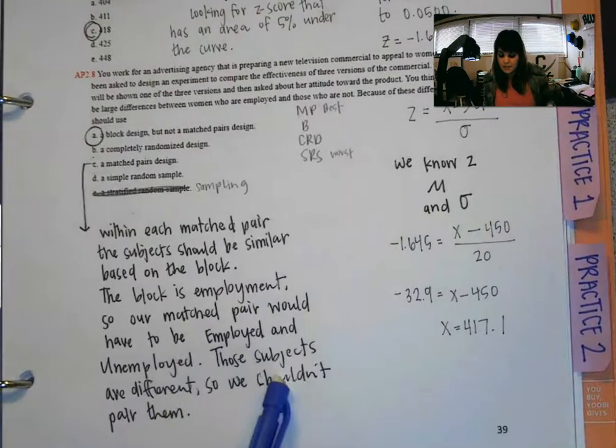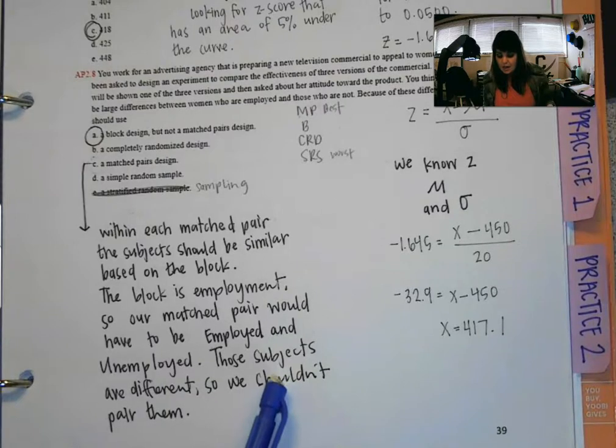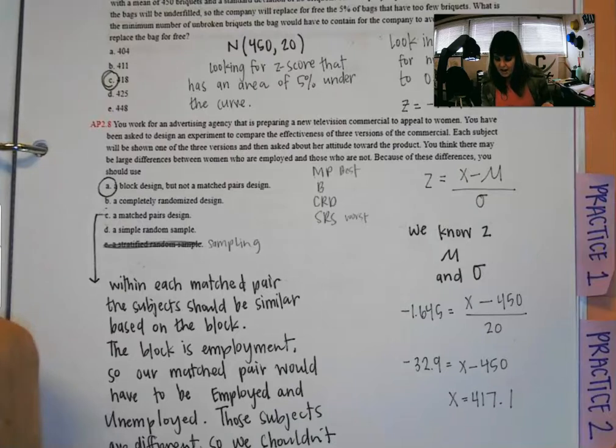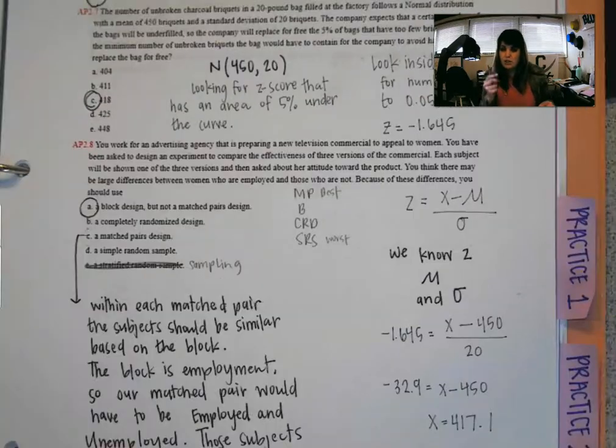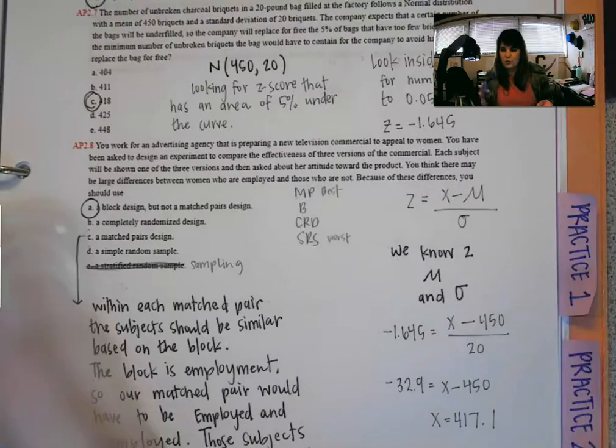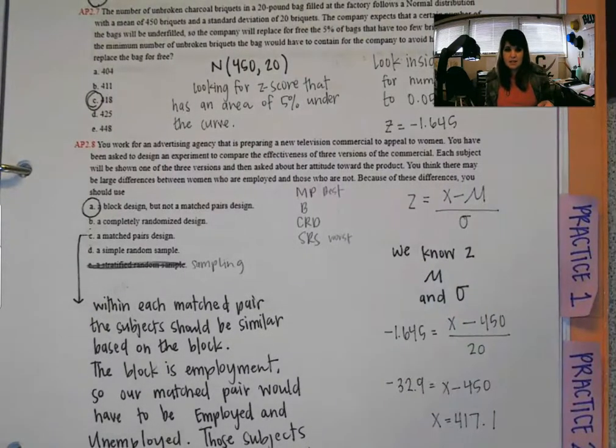But regardless, in this case, there's three different versions of the commercial. So you can't pair them. You can't use two people and three treatments. So that's bad. And you don't want to use the same person and have them watch all three commercials. That just wouldn't make sense.